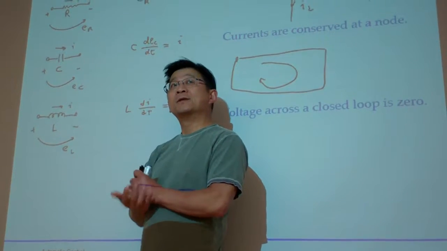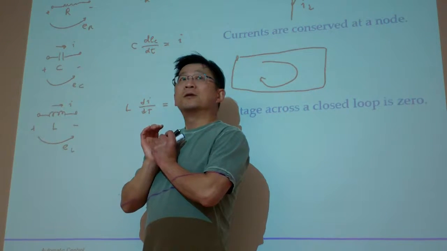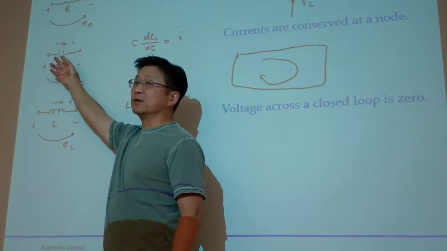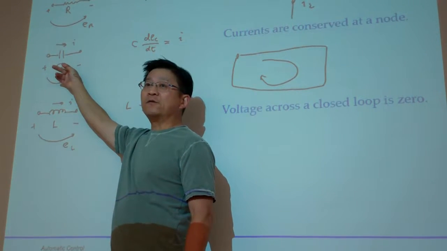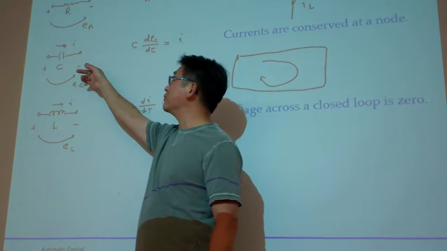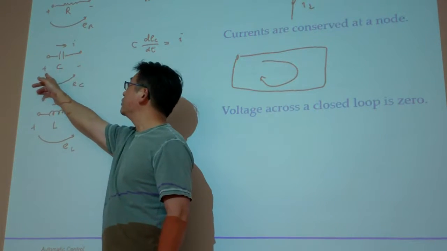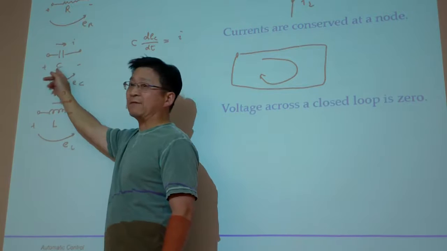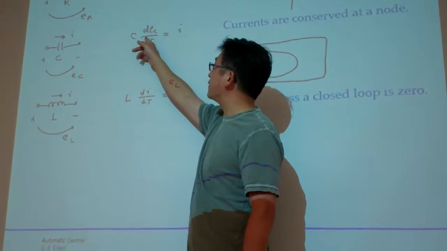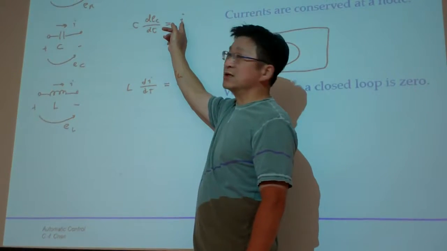If you don't have anything, basically this is an open gap. So if you want to produce a current, the way to do it is to apply a time-varying voltage. That's the principle we take up here. For any time-varying voltage, you will see the current.